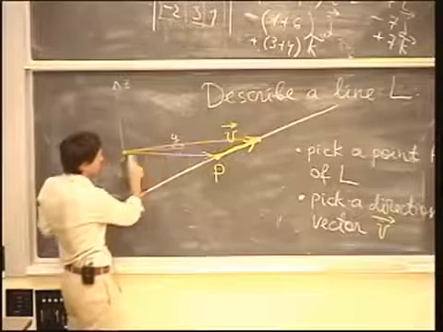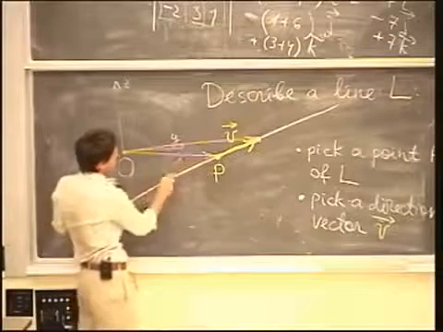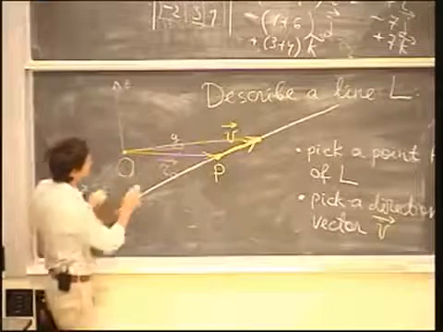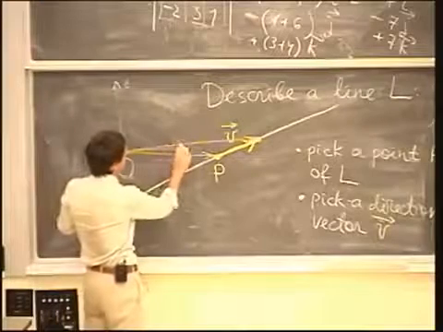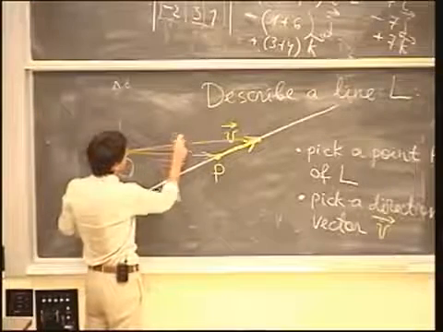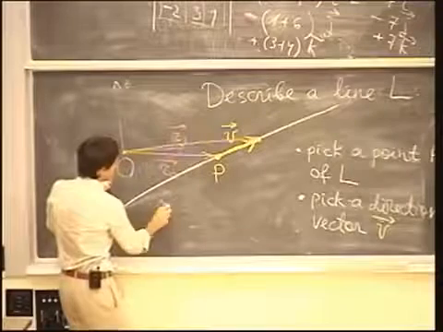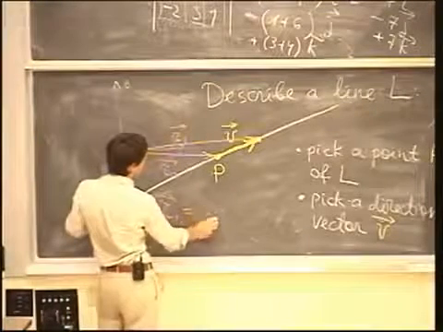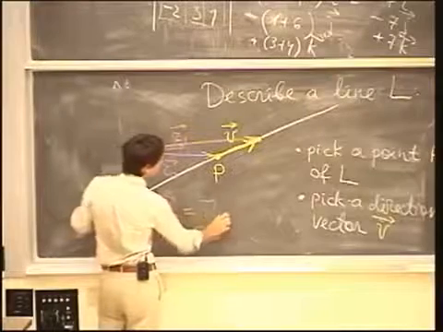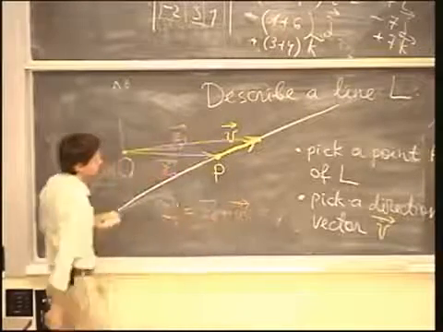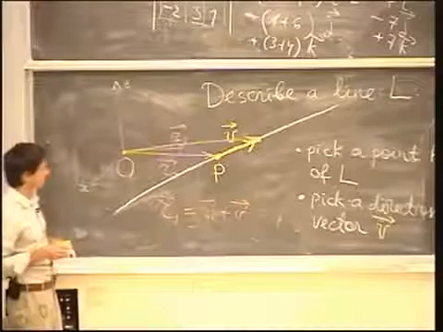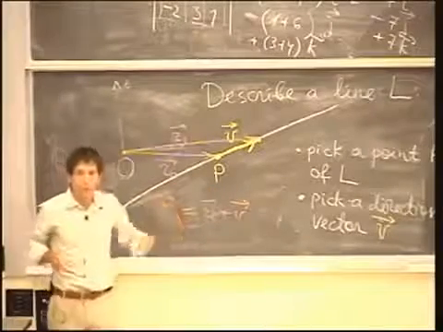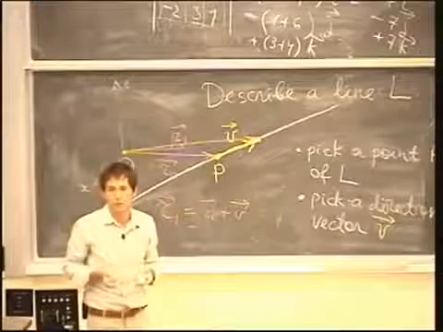So let's call this position vector R0. And let's call this vector R1. Then what I'm saying is that R1 is equal to R0 plus v. So now, by using addition of vectors, I have been able to find a different point on the same line.